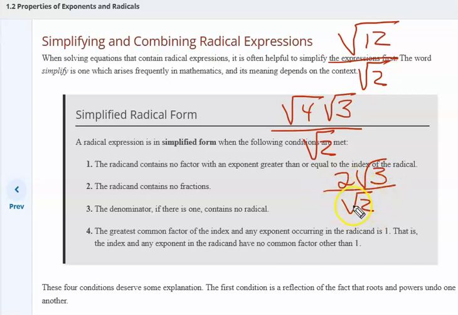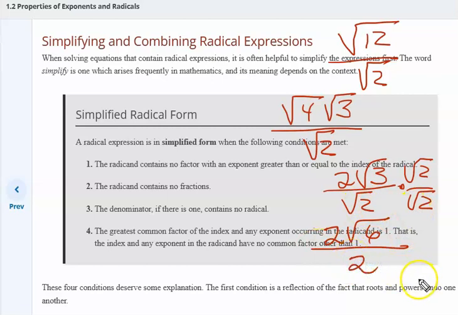We still have a radical in our denominator. So very shortly, we're going to show you how to get rid of that radical by multiplying a fraction by 1 in the form of the square root of 2 over the square root of 2, which will now make my numerator 2 square root of 6 over 2.